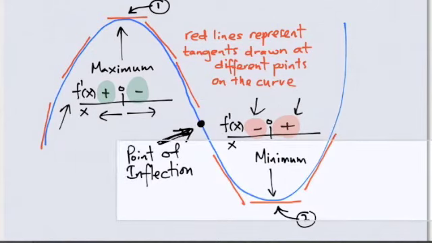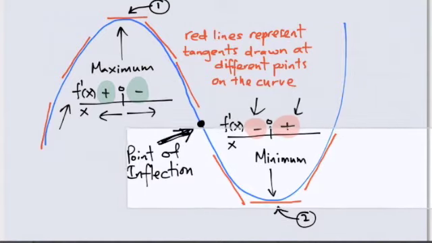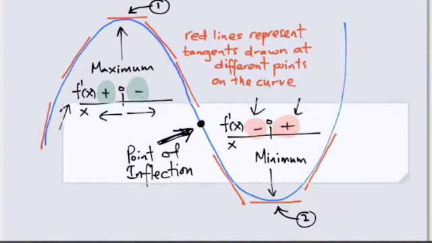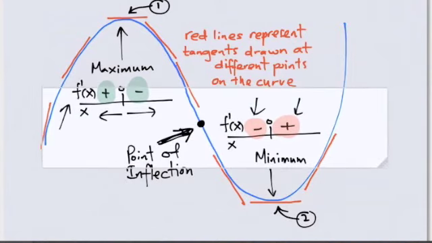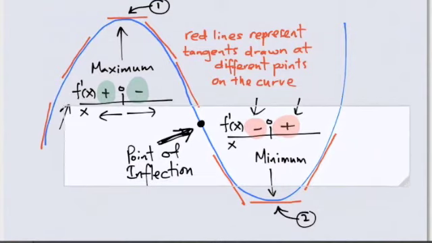Likewise, we can also determine if a stationary point is a minimum by considering the gradients to the left and right of the minimum point. Gradients to the left of the minimum point are negative. Gradients to the right of the minimum point are positive. Now we see at the point of inflection, to the left of the point of inflection, the gradient is negative and it hasn't changed its sign to the right of the point of inflection.